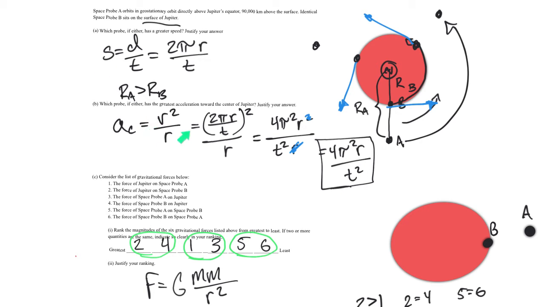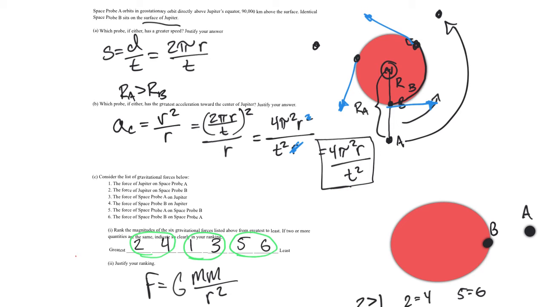So v squared over r, I'm going to write that out as 2 pi r over t, which is my velocity, divided by r. We're going to square the top, so that gives me 4 pi squared r squared divided by t squared. Now this r here is going to cancel out with one of the r squareds at the top. So my final centripetal acceleration is 4 pi squared r over t squared.